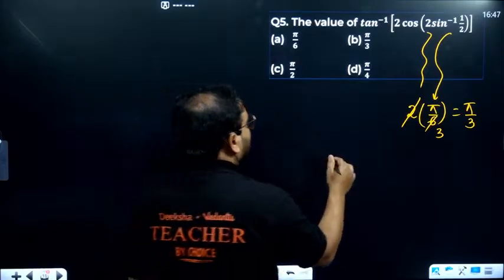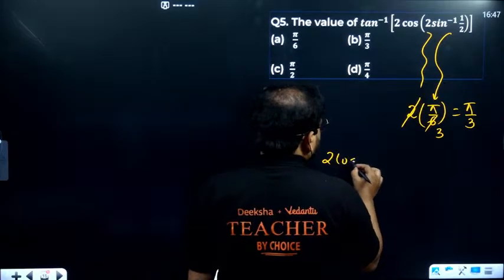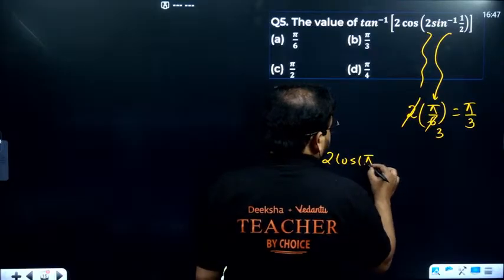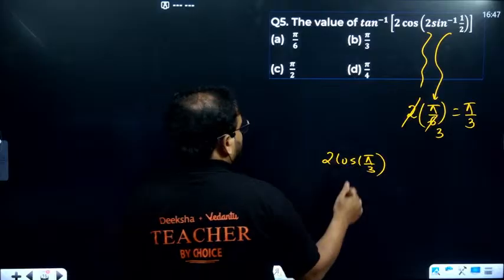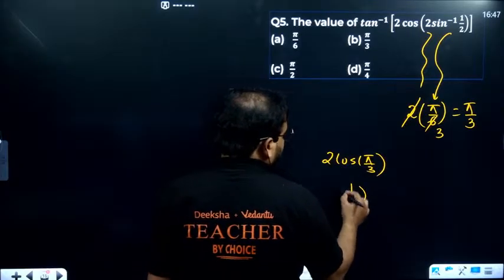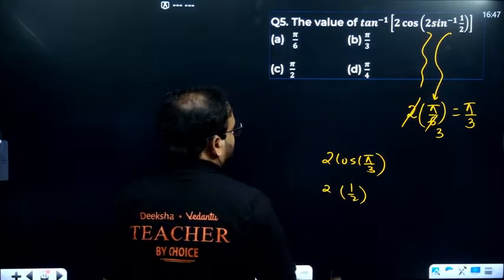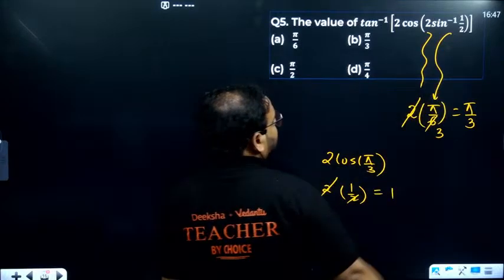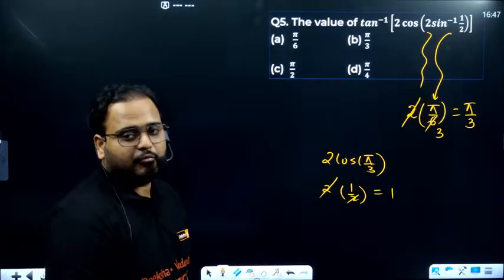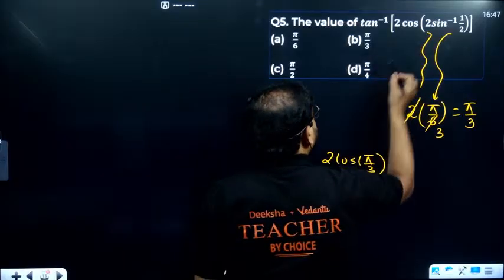Okay. So what do we have outside? 2 cos pi by 3. Cos pi by 3 is how much? Again back to 1 by 2, sir. So 2 into 1 by 2 cancels. So for the second bracket, the cos part, we have 1 now. This whole thing is 1 now.